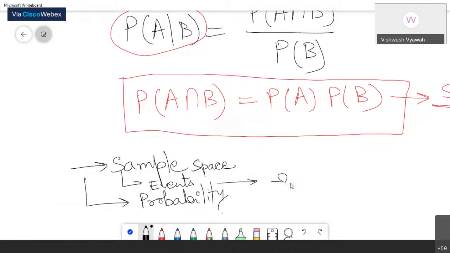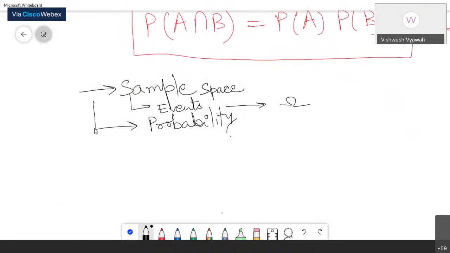In between we learned about this sigma. And then we learned about conditional probability.